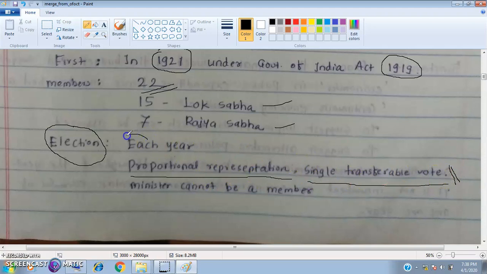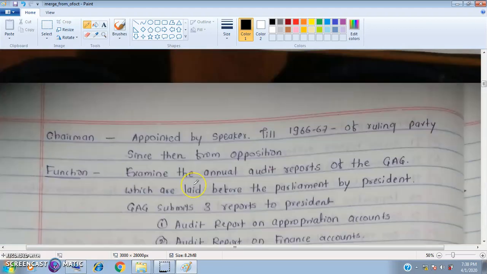The election takes place every year. And the important fact, the moratorium: any minister cannot be a member of this committee. So out of these 22 members, these members can be from the ruling party or from other parties, but a minister cannot be a member of this committee.